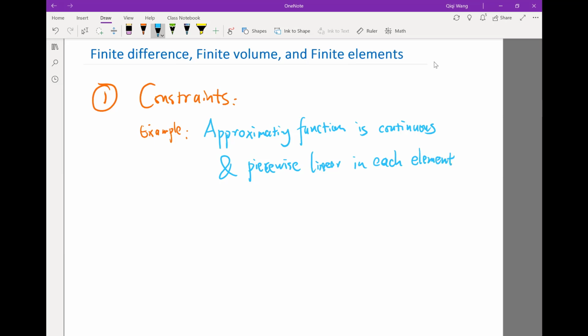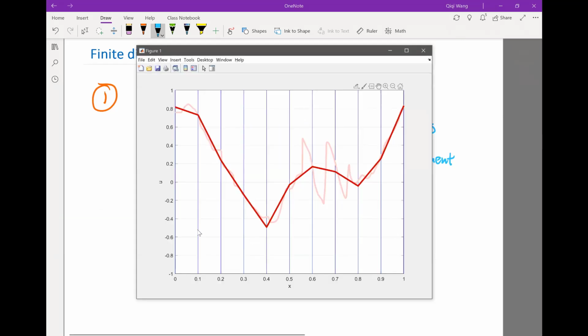Okay, so here an element is an interval between 0 and 1.